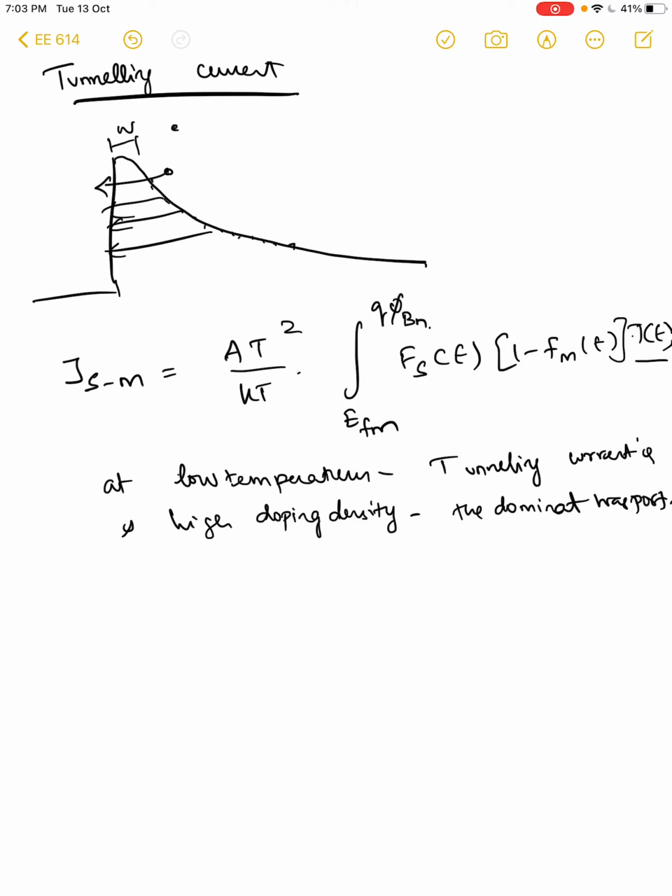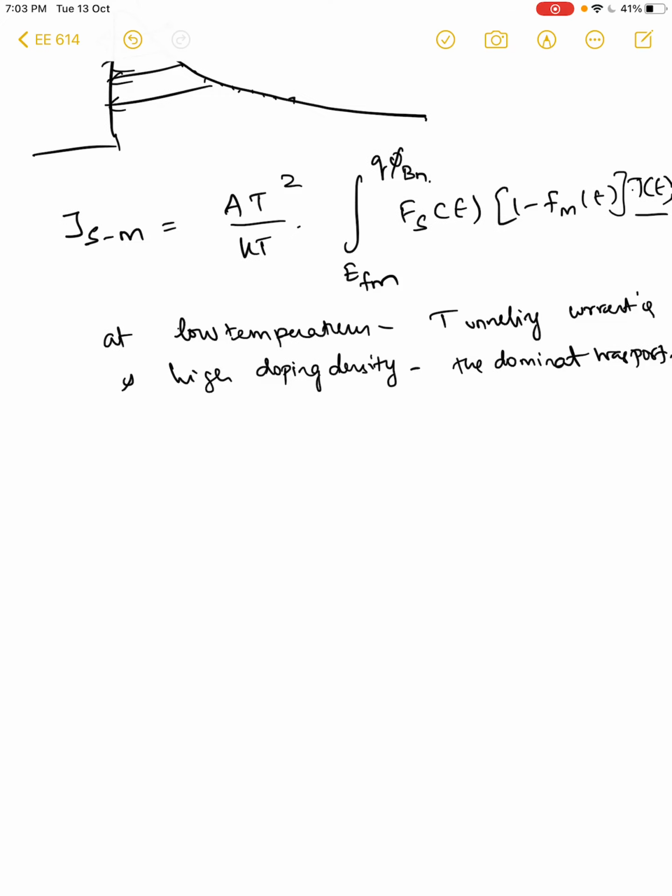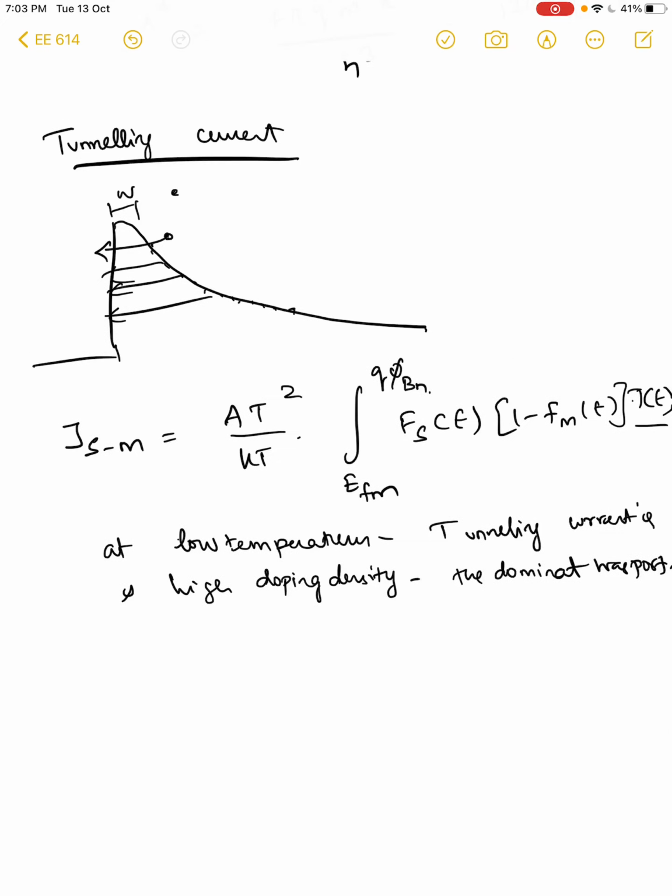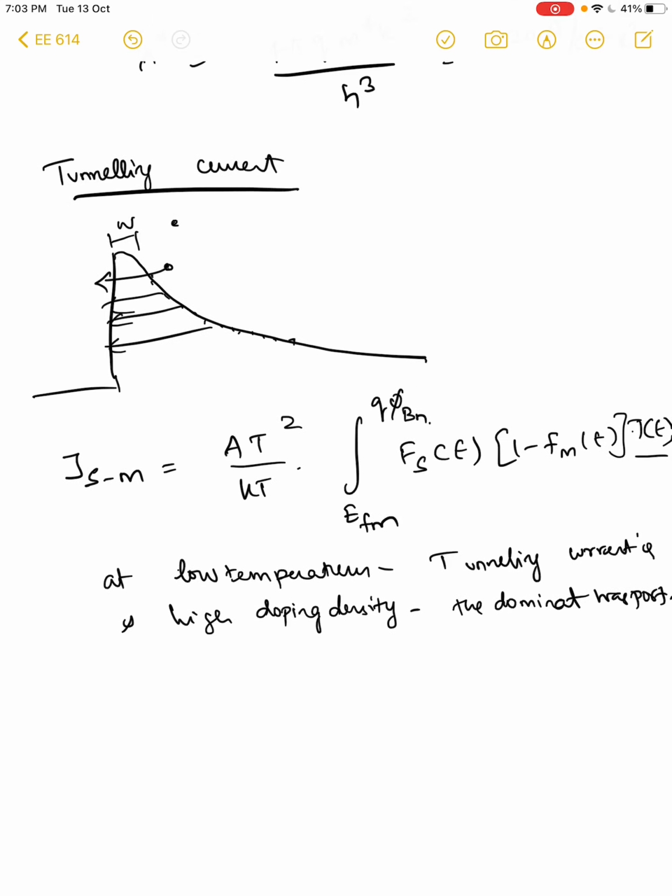So at forward bias, you have thermionic emission from the semiconductor to the metal side, and you have field emission at lower bias potentials, at lower temperatures and high doping densities, and in any region in between you have thermionic emission plus field emission.